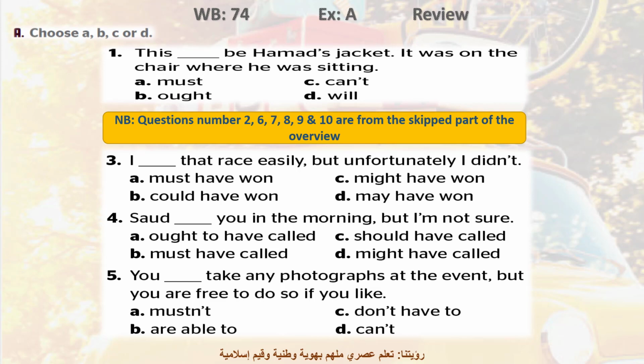So you only have 4 questions. Question number 1, 3, 4, and 5. Go on, pause the video, do the questions, and play the video again to check your answers.